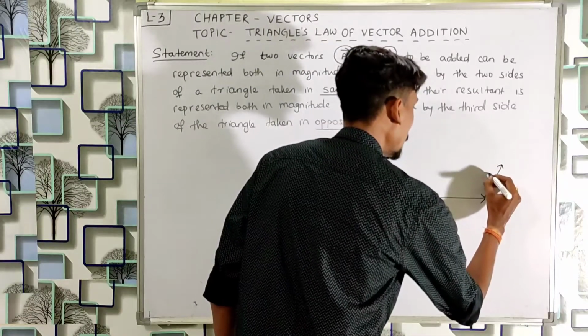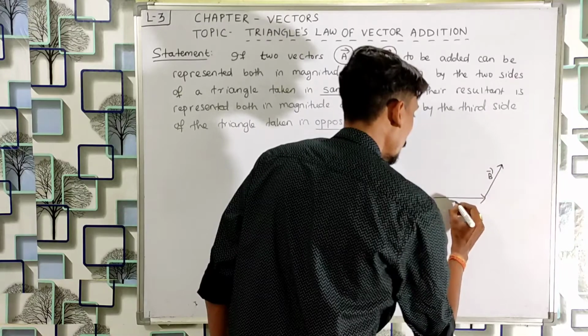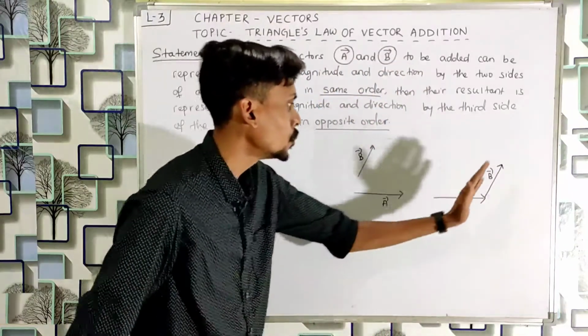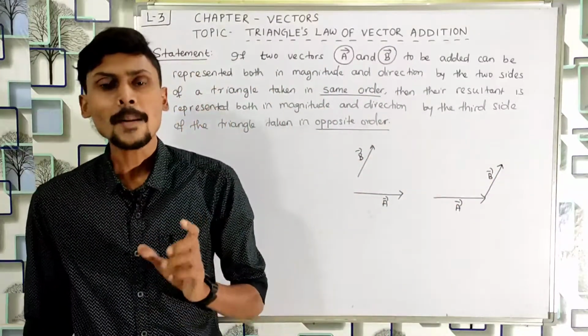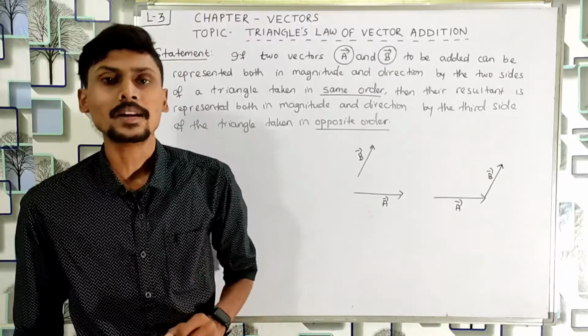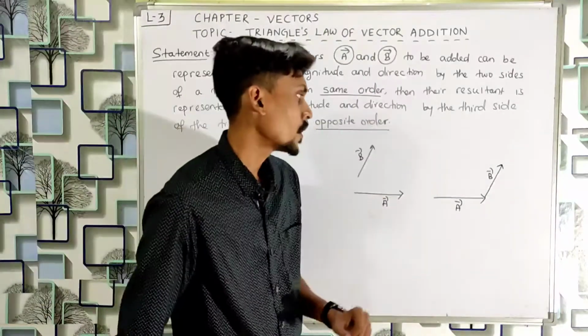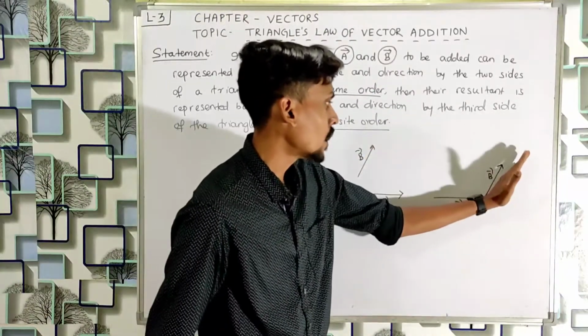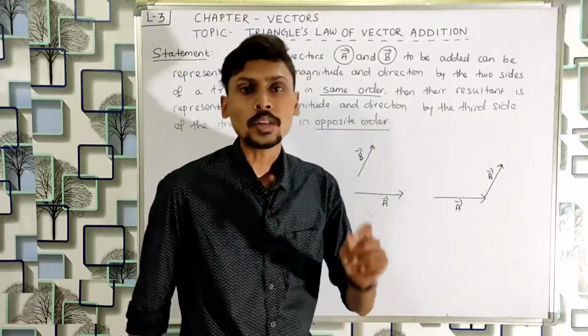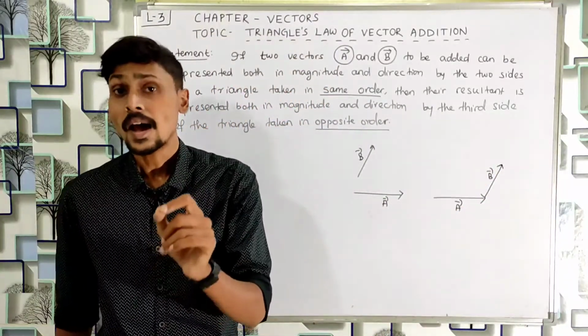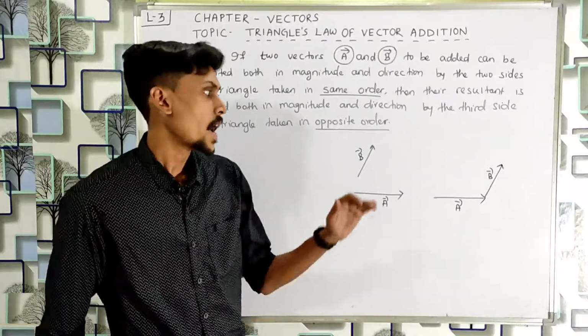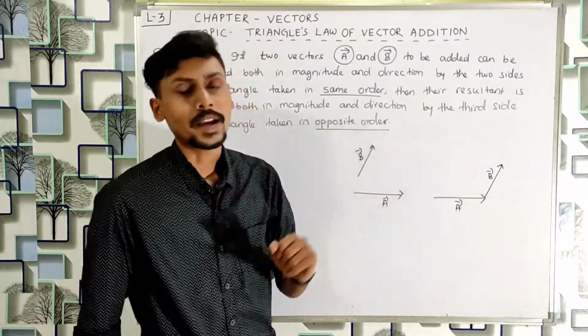Now you can see that vector B is shifted to this new position, but we have not changed its magnitude and direction. The length is the same and these two lines are parallel to each other. So without changing the magnitude and direction of vector B, I have shifted it to this end.